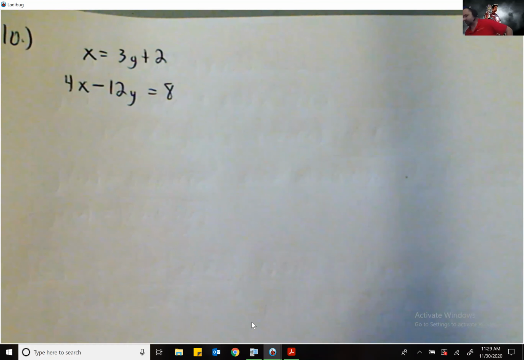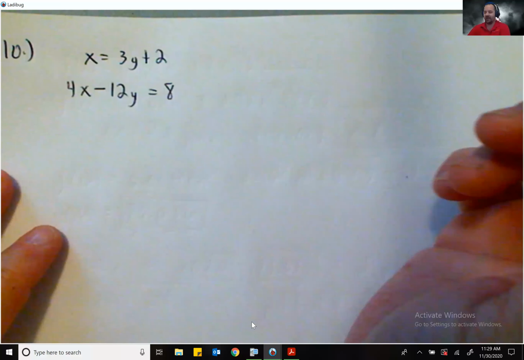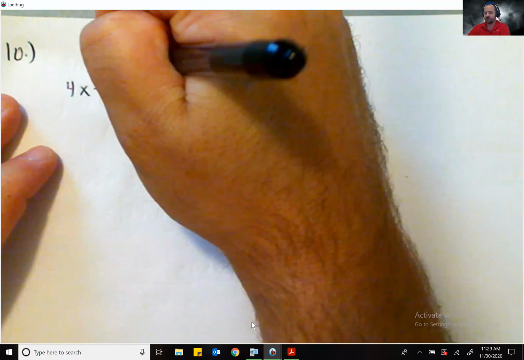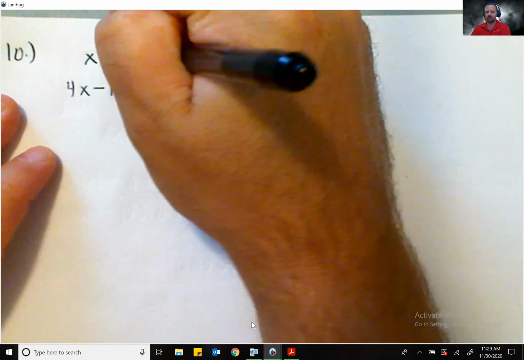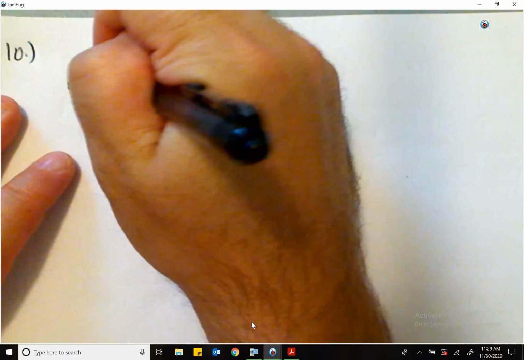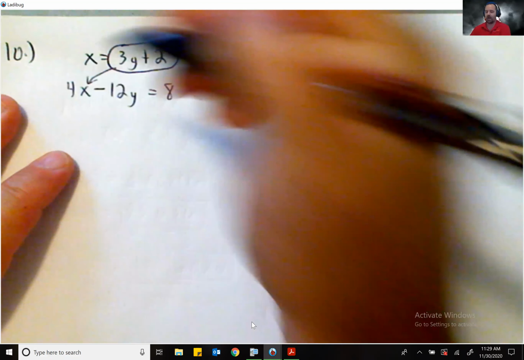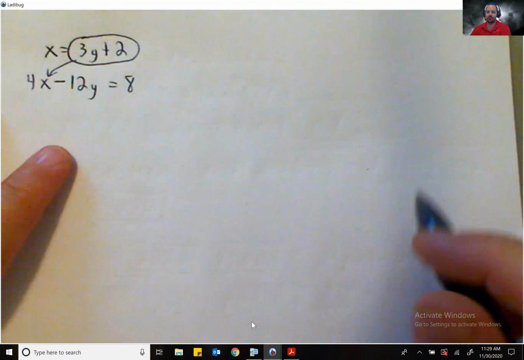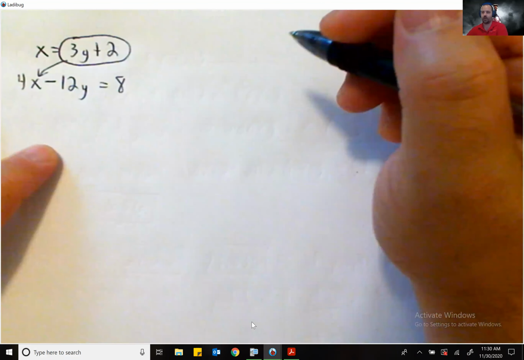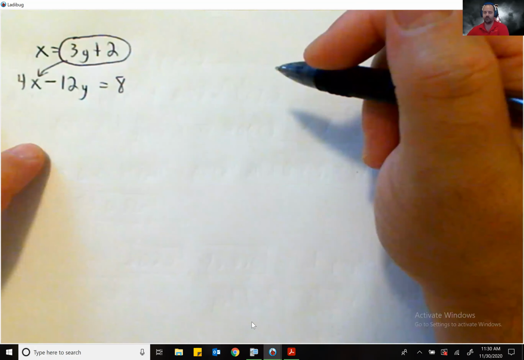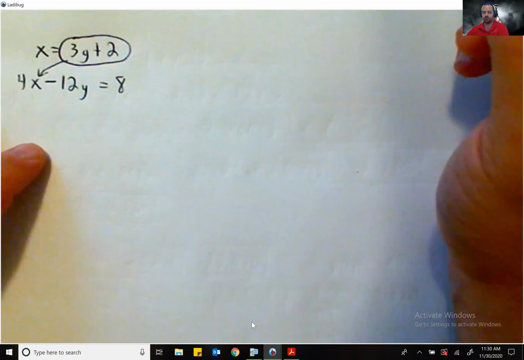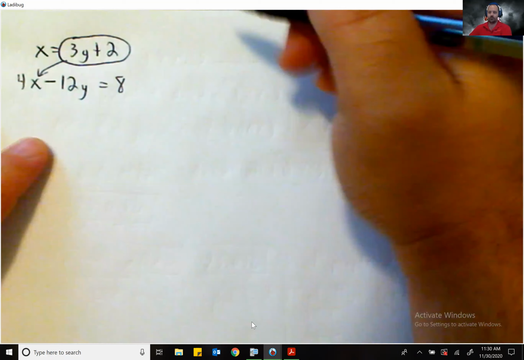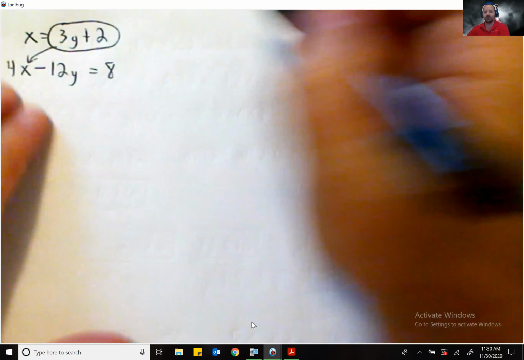Why would I use substitution? Because it already tells us what x is. Yeah, right here. We already know what x is. x is 3y plus 2. All we need to do is substitute it in. So I would do substitution on this one. Notice one of your problems was elimination. One of them was substitution. All right. So all we got to do is plug in.